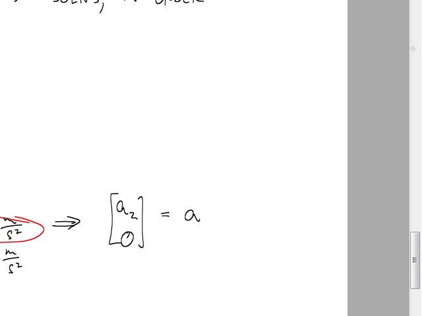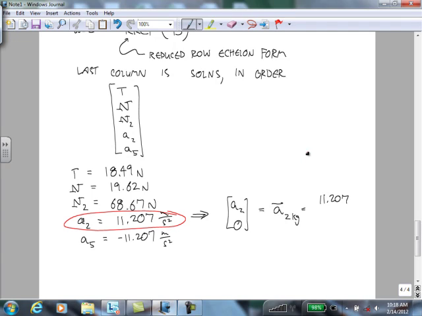So our acceleration vector is 11.2070. So the 2 kilogram box is accelerating to the right, which makes sense.